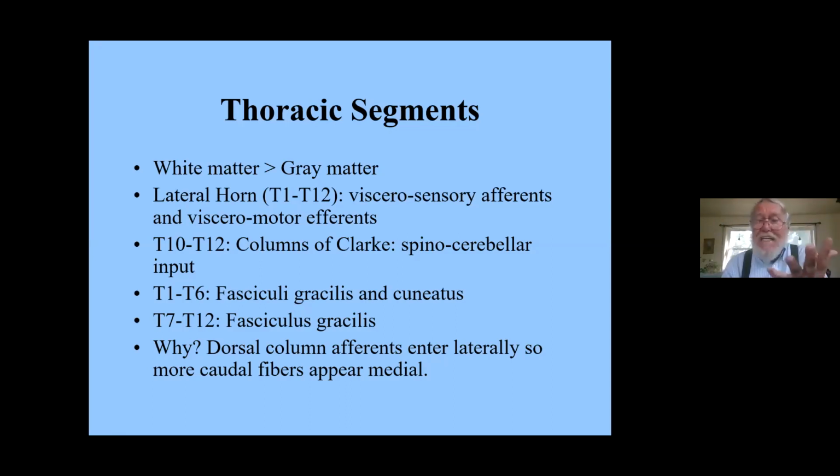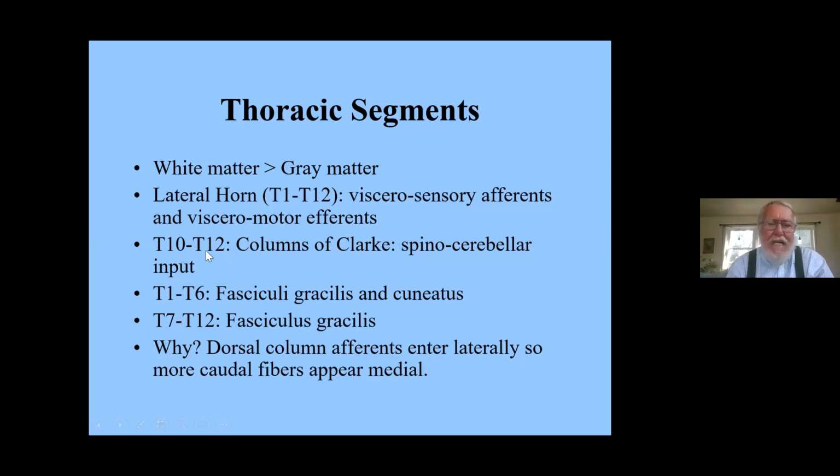A somatosensory afferent is coming from either skin or striated muscle, whereas viscerosensory afferents and visceromotor efferents are dealing with a lot of smooth muscle, which of course will be in the chest and in the digestive system. The other thing, the lateral horn is always seen there.